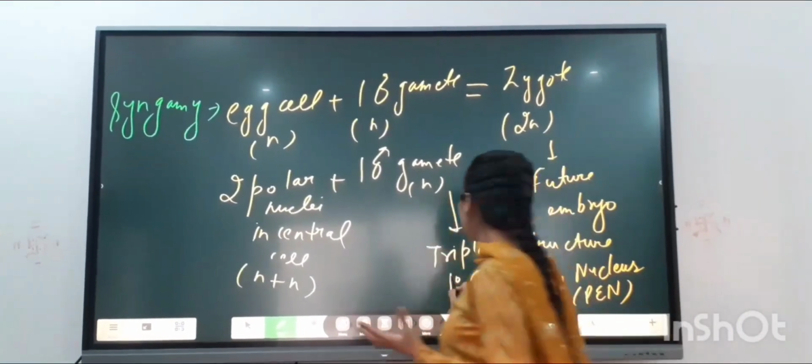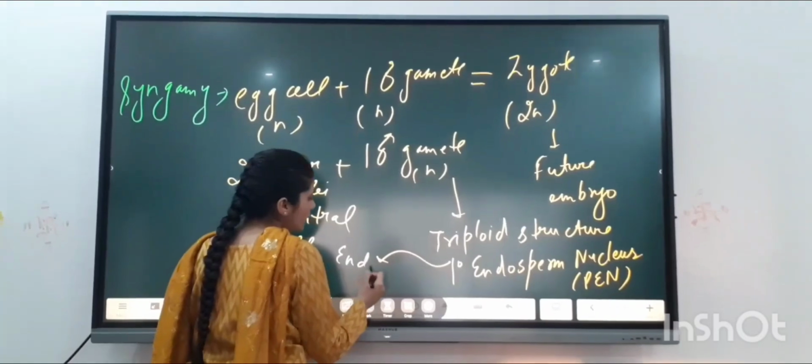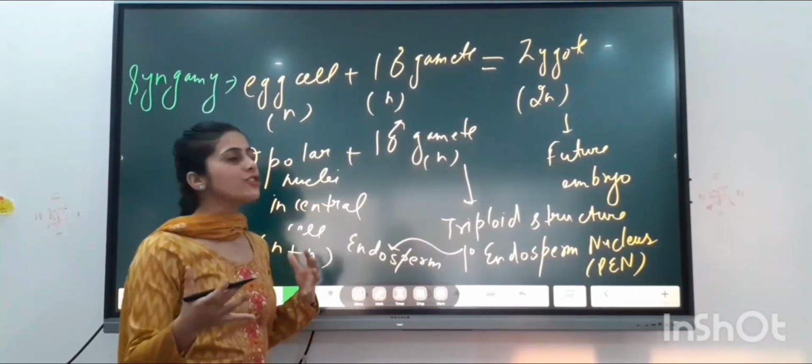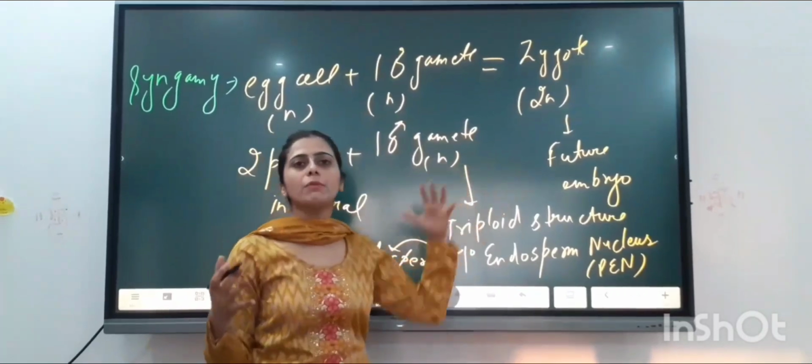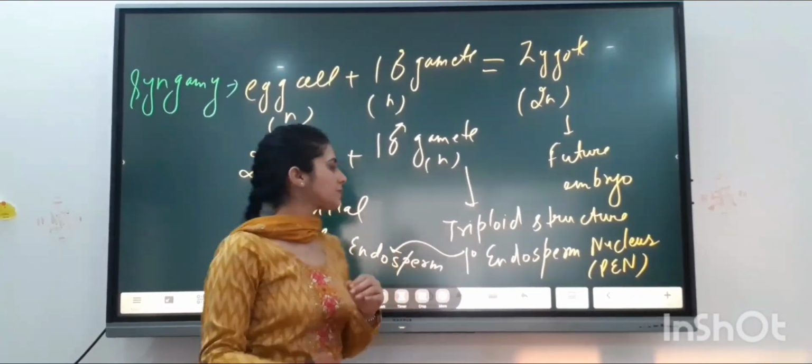And in future, this is going to form endosperm, which is a nutritive tissue from which our zygote and our future embryo is going to derive its nutrition.